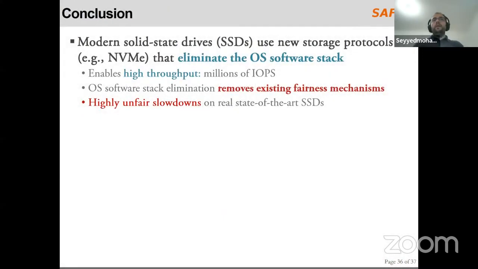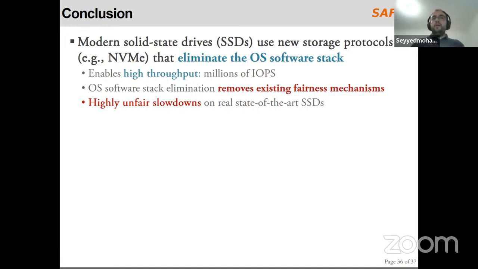So to conclude, modern solid-state drives use new storage protocols, such as NVMe, that eliminate the OS software stack, which enables high throughput with millions of IOPS, which is crucial when we are using SSDs. However, as a kind of downside, the OS software stack elimination also removes existing fairness mechanisms.